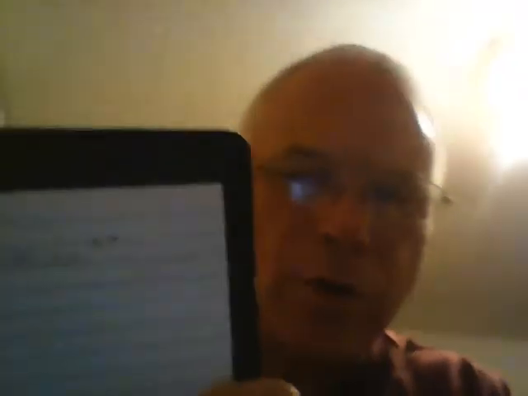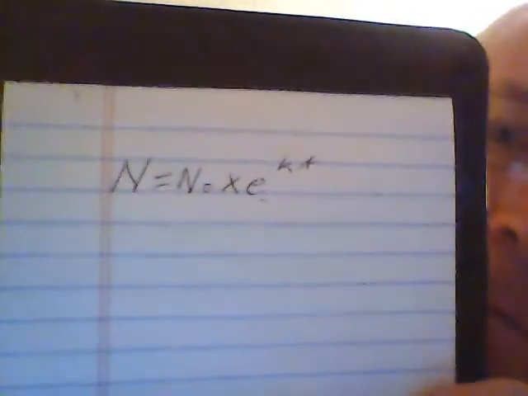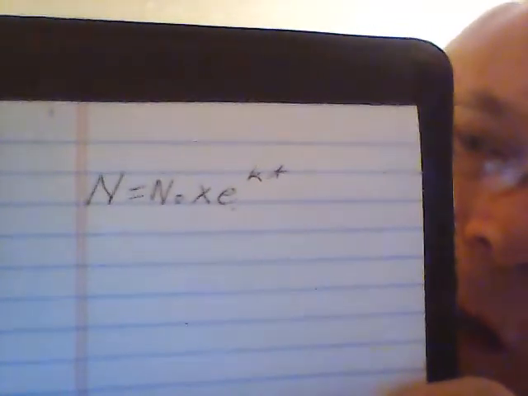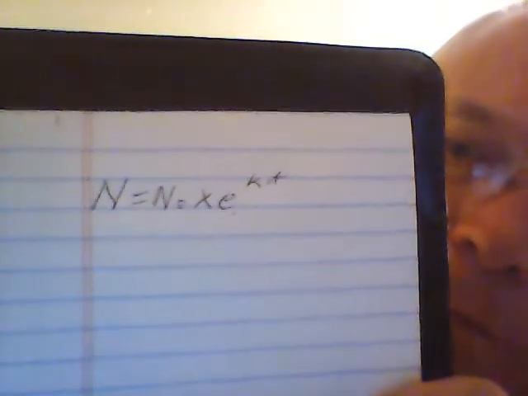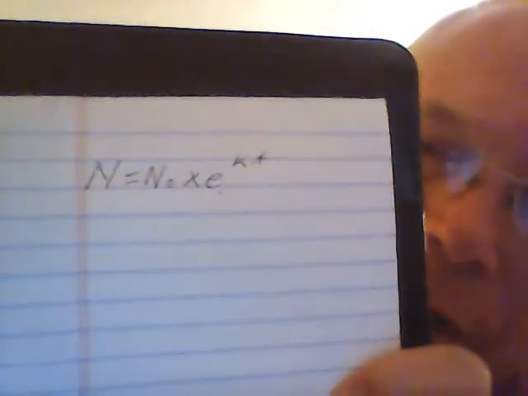Okay, students of environmental geology, if you remember, I put a formula on the dry erase board last week. Here it is. N is the future population, the future number, if you will.